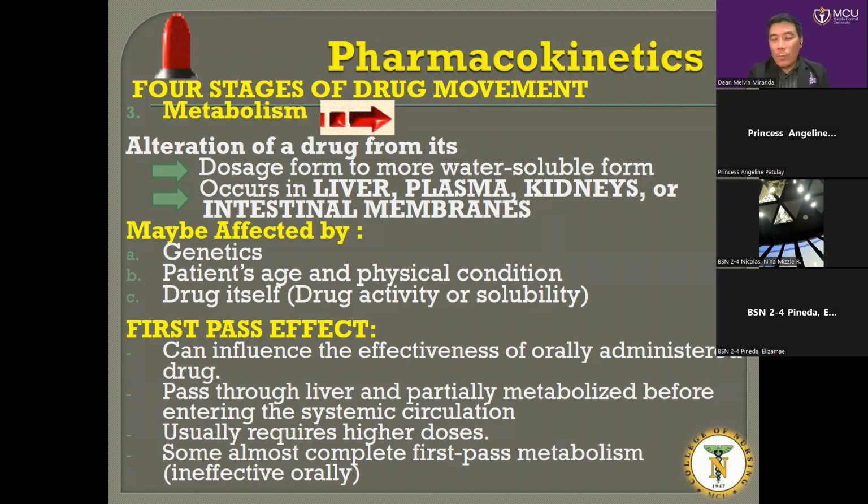Other than that, physical conditions affecting or diagnosed with these organs may facilitate a problem with metabolic response. Patient age also matters, as the response of a child, adult, and elder differs because of metabolic activity. And the drug itself, whether it is water soluble or lipid soluble, greatly affects metabolism.